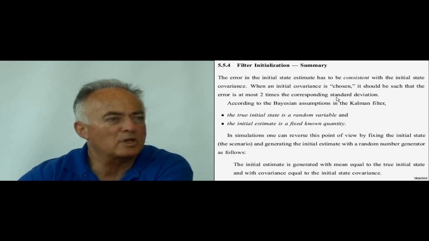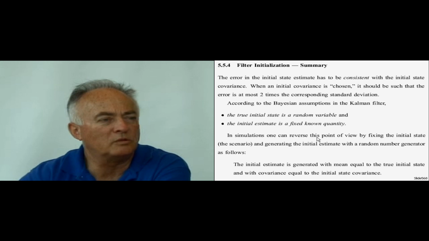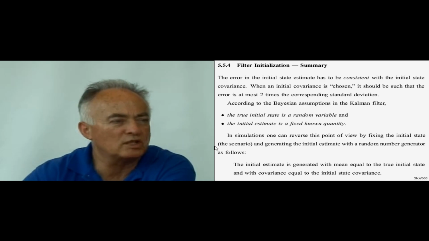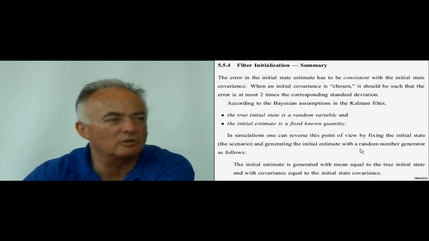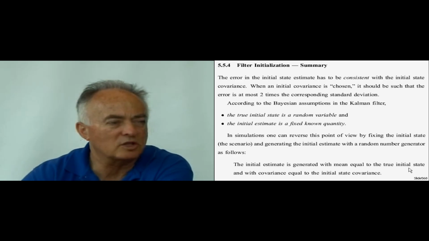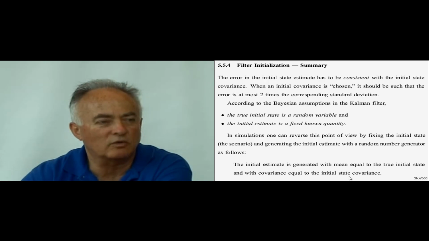Now, according to the Bayesian assumptions in the Kalman filter, the true initial state is random, the initial estimate is fixed. It is convenient in simulation to reverse this point of view by fixing the initial state, the scenario, and generating the initial estimate with a random number generator as follows, with mean equal to the true state and covariance equal to the initial state covariance.